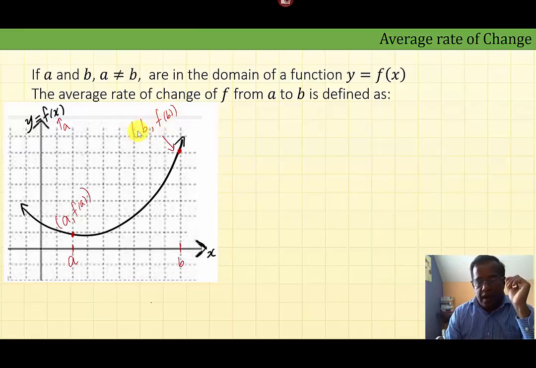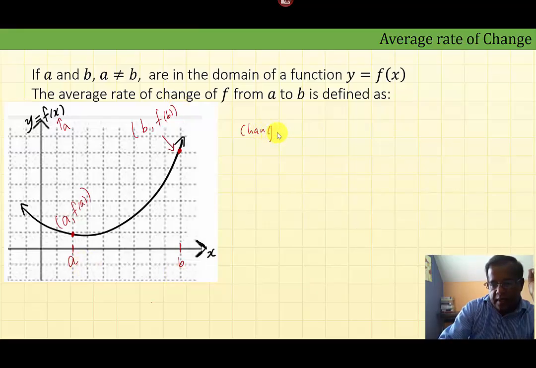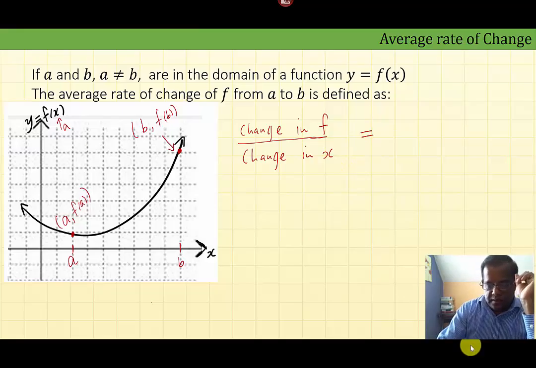And this point when x equals b is (b, f(b)). Now the idea is we want to find the average rate of change of f when x changes from a to b. So clearly the average rate of change is given by change in f divided by change in x. Now what is the change in f as x changed from a to b?